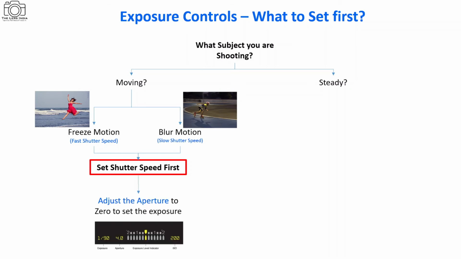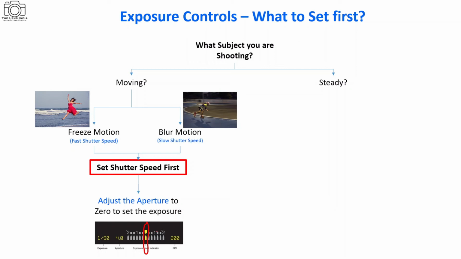So when we set the shutter speed, the other parameter left with you is the aperture. So just try to adjust the aperture so that, if you see through the viewfinder, the scale comes to the 0 in the center. So the center light is lit. Okay, so that is how it works: set the shutter speed first, and we adjust the exposure by adjusting the aperture.